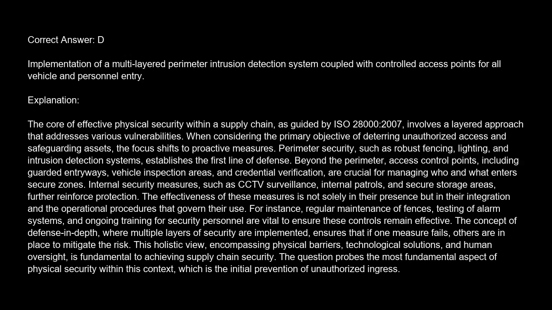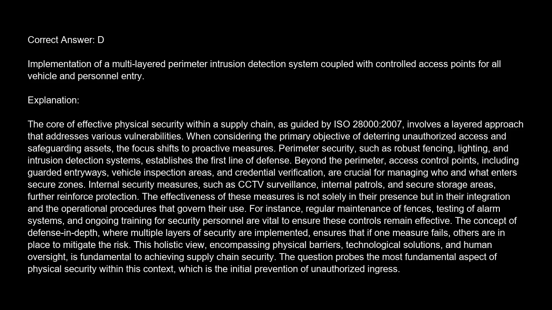Correct answer is D. Implementation of a multi-layered perimeter intrusion detection system coupled with controlled access points for all vehicle and personnel entry. Explanation. The core of effective physical security within a supply chain, as guided by ISO 28000-2007, involves a layered approach that addresses various vulnerabilities.